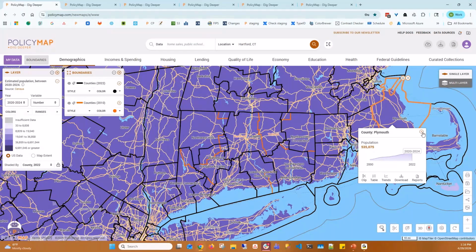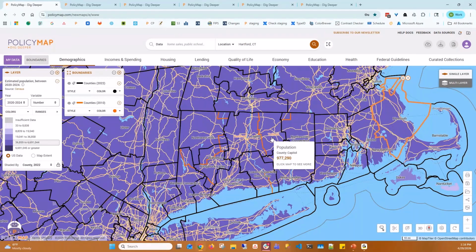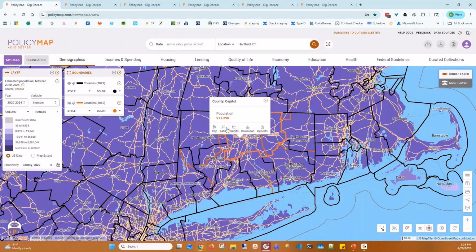Whereas now with Connecticut's shift from counties to planning regions, we are no longer able to compare apples to apples, since now we have oranges and apples. And thus you will see just that one population. Now, as time goes on and the planning regions have been around longer, we will start to see trend charts pop up.